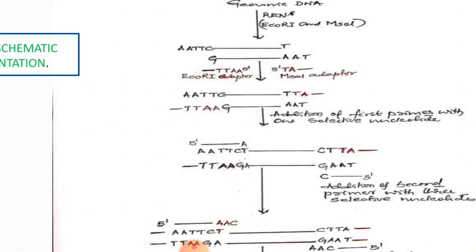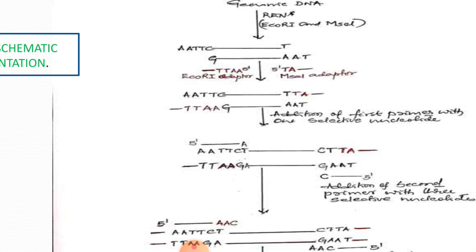There are around 10 methods, and out of 10, one such method is adding the linkers and adapters. Okay. So, just right now you can just know that you will add here EcoR1 adapter and MSEL adapter.